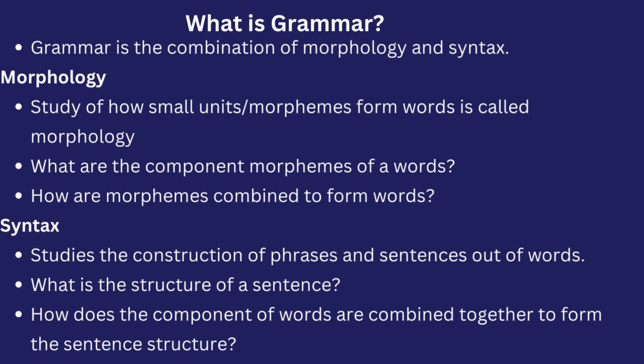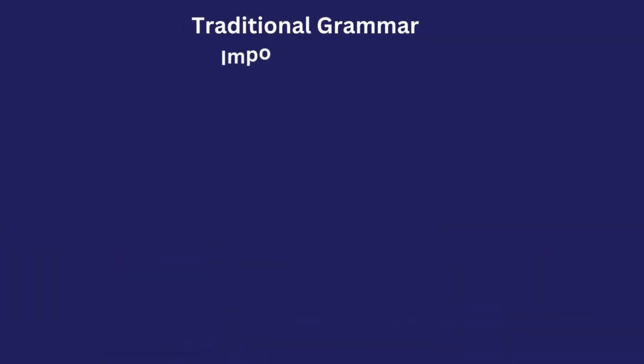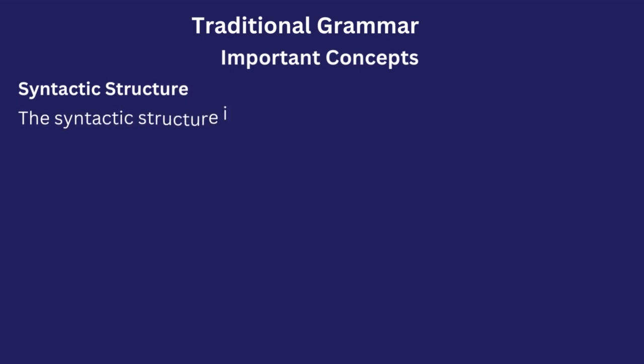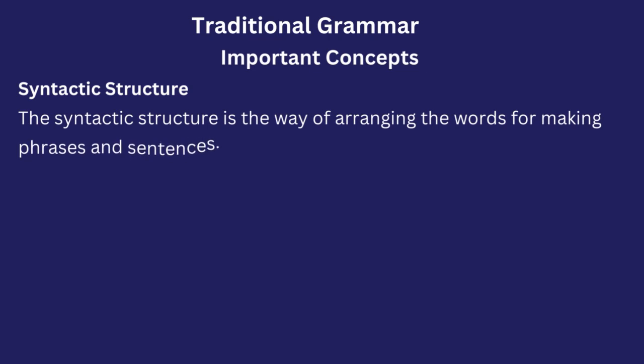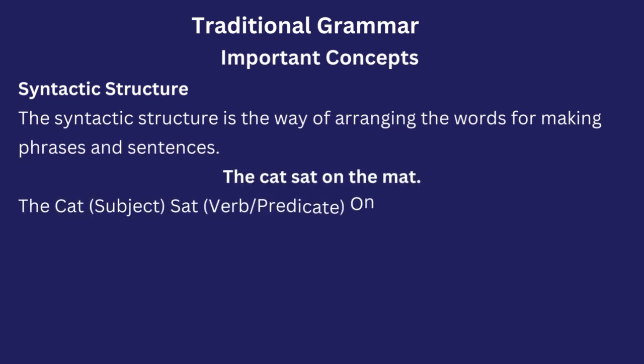Before moving to the lecture in detail, I would like to throw light on some important concepts, but it will be in the next slide. Syntactic structure is the way of arranging words for making phrases and sentences. In linguistics, the syntactic structure of a language is the way that words are arranged in order to form phrases and sentences.